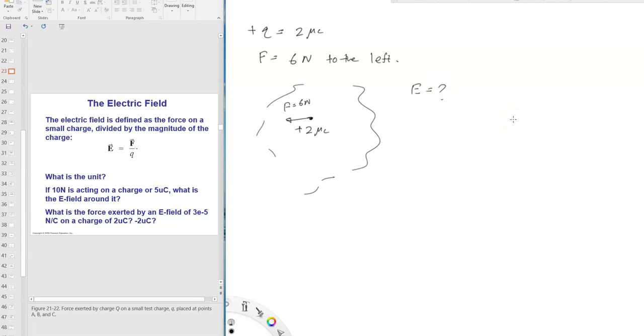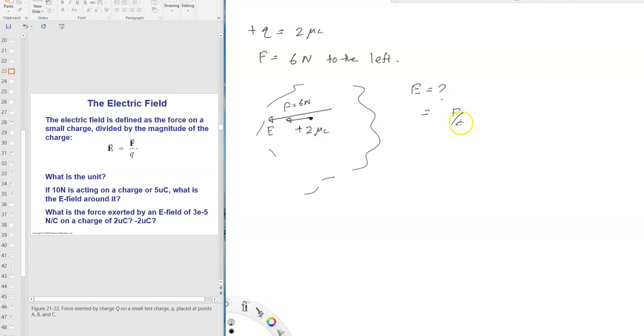We know that for a positive charge, force and electric field should be in the same direction. So this is a positive charge. If the force is to the left, electric field has to be to the left. So here's the electric field pointing to the left. What's the magnitude?